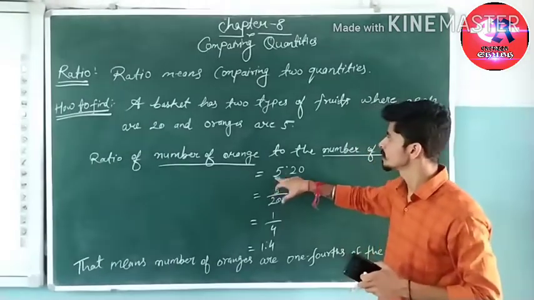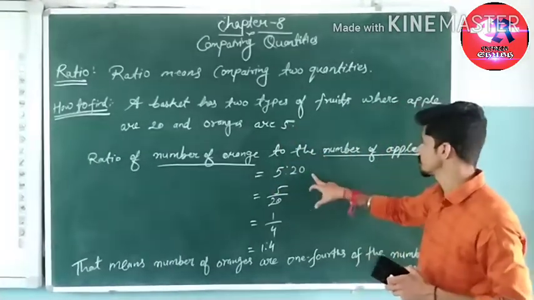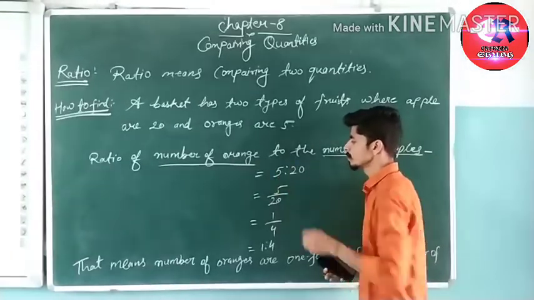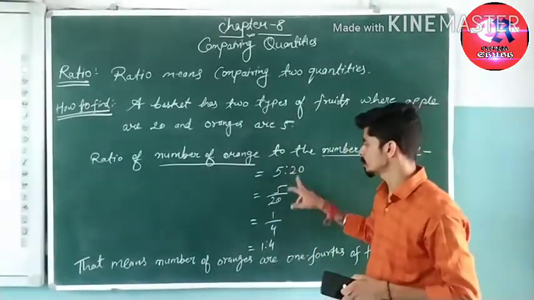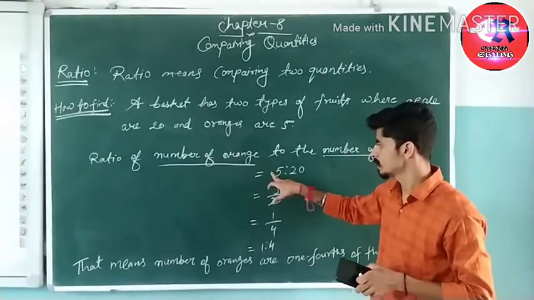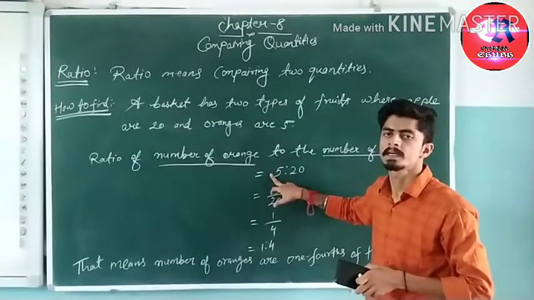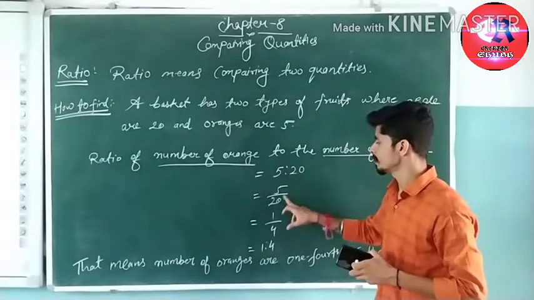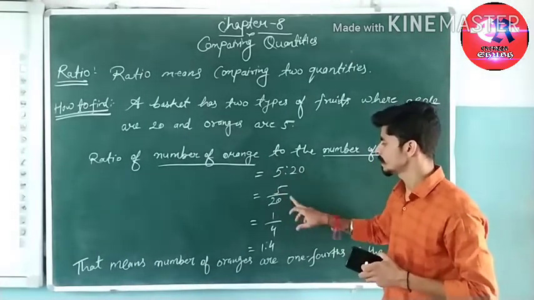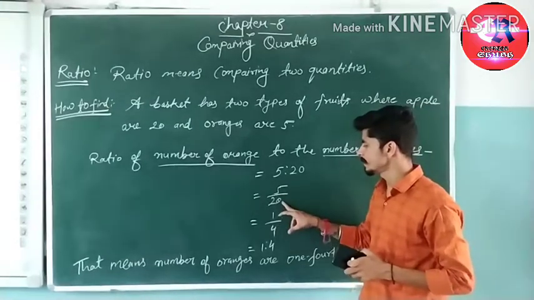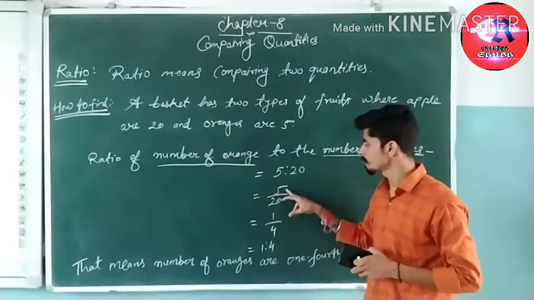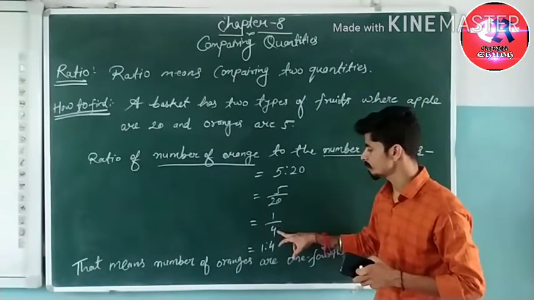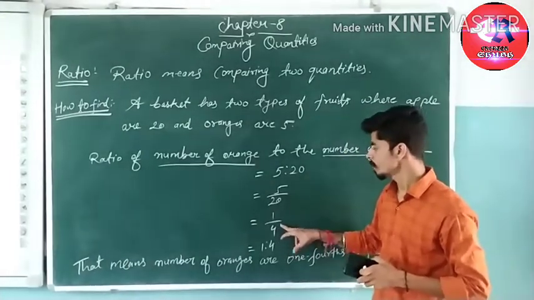Now the number of oranges is 5 and the number of apples is 20, and this is the sign of ratio. We can also write the ratio in fractional form. The number which comes first becomes the numerator and the number which comes later becomes the denominator. So now 5 upon 20. 5 divides 20 four times and itself one time. Now we get 1 by 4.